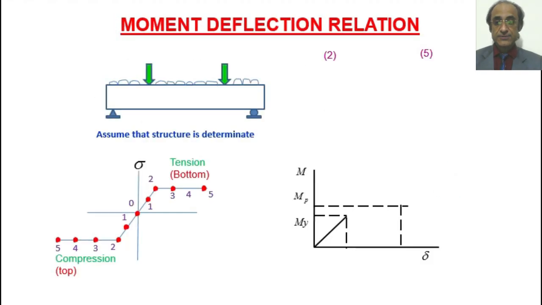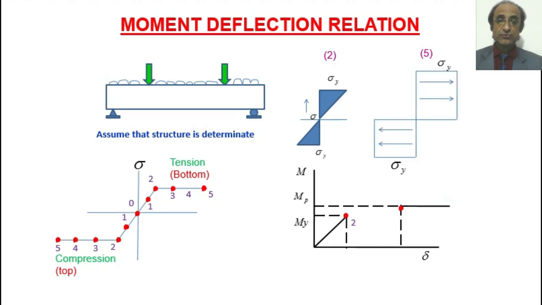Now if we take this further to the moment deflection relationship, it can also be predicted that it will be linear till point number 2, because we have the linear stress strain relationship, and after point number 5 we know that it will be a straight line, because at point number 5 we reach the condition of collapse, that is the structure is reduced to a mechanism, and when the structure is reduced to a mechanism the deflection will be infinite.